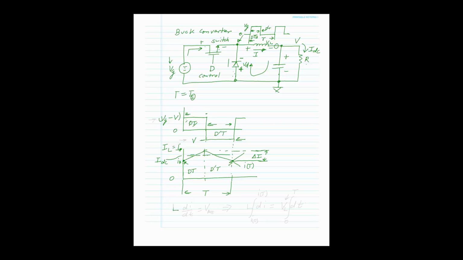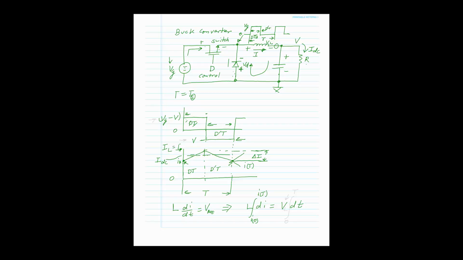If you look at L di/dt as equal to V, and by the way, V is the average voltage, so that we can relate L di is equal to V dt. So we are going to integrate that from I of 0 to I of T, the whole period.